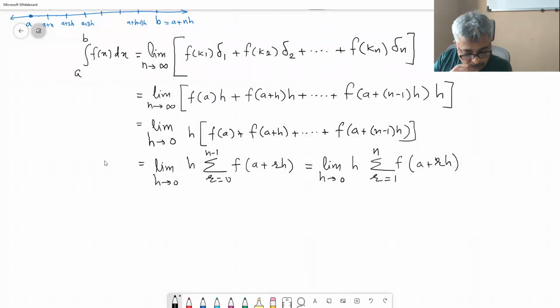Okay, so now I give you a function and you give me the area under the curve.